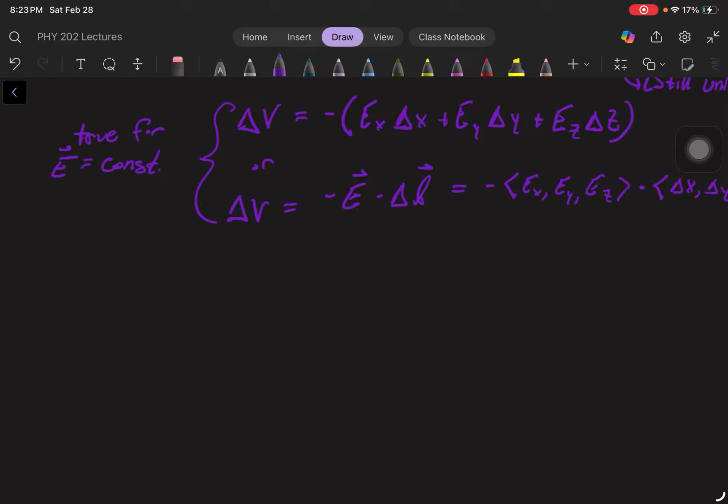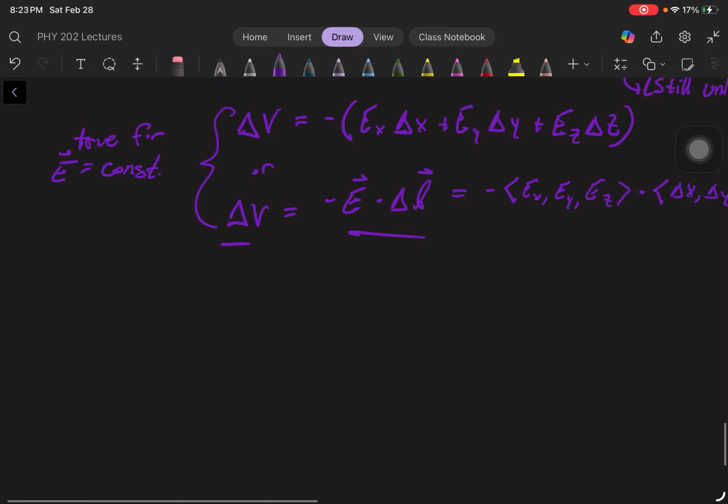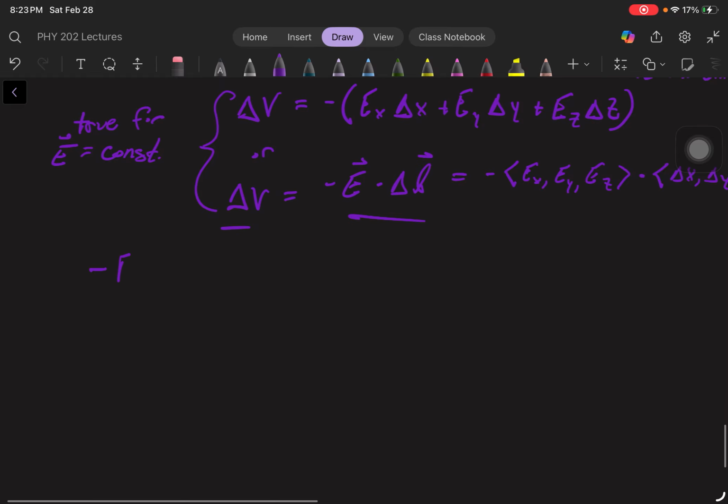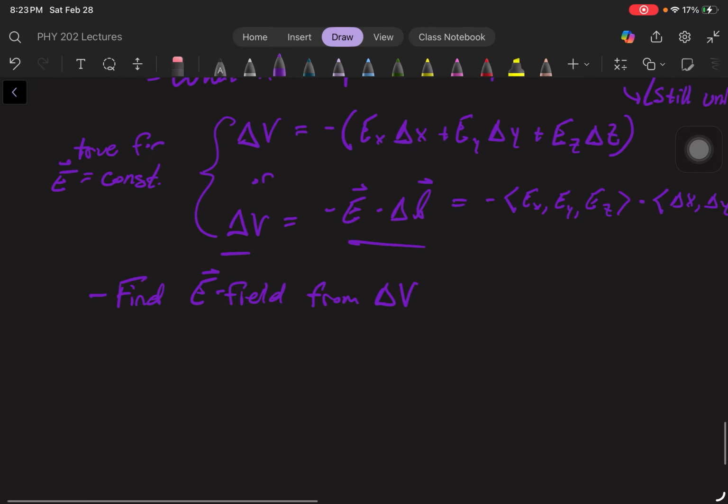And so if we can find the potential from the electric field, it would stand to reason that we can also find the electric field from the potential difference. Okay, and so all we do is rearrange our equation a little bit, and we would get E sub x is equal to the negative delta V over delta x.